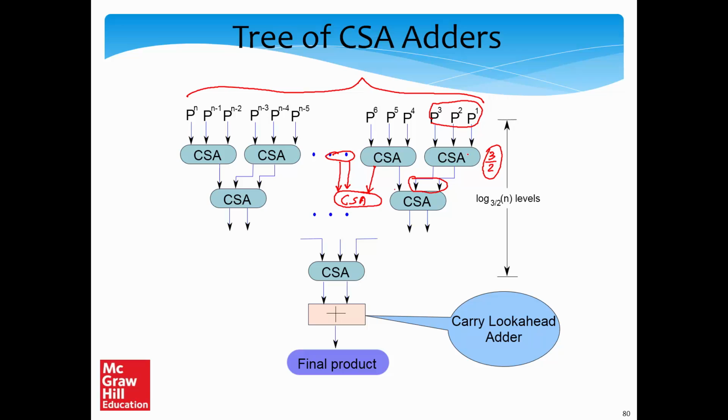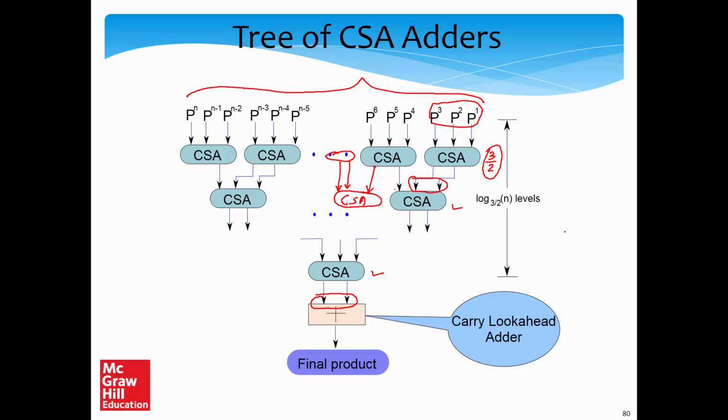So recall that the carry save adder takes 3 inputs and produces 2 outputs, where the sum of the outputs is the same as the sum of the inputs. Then what we do is that we keep on adding levels till we finally have only 2 outputs, and the sum of these two is the sum of all the partial sums.